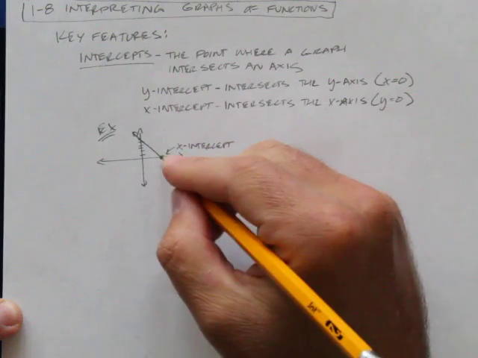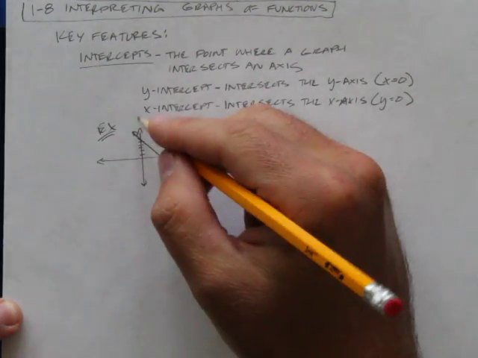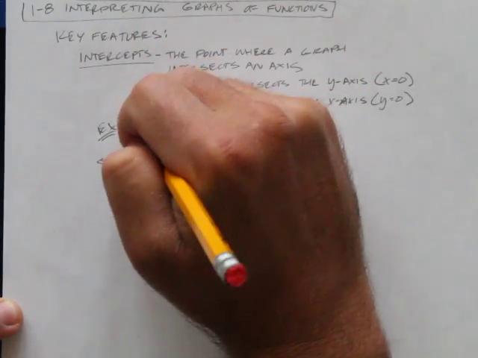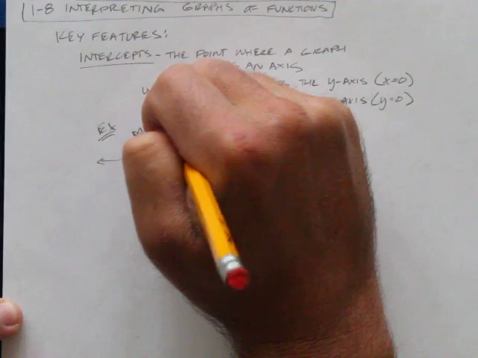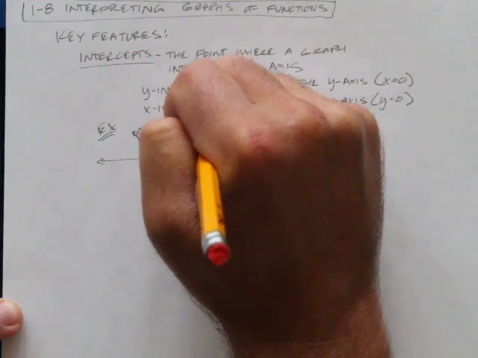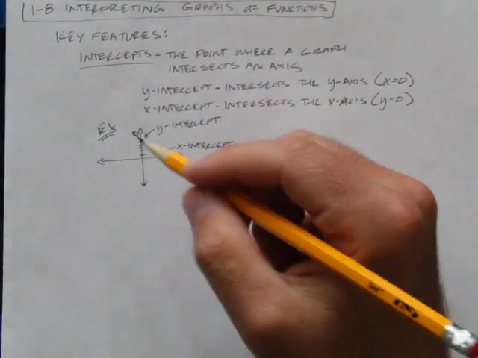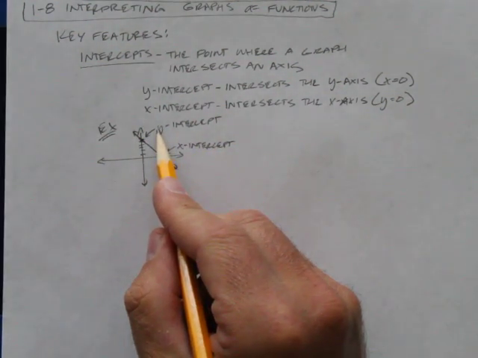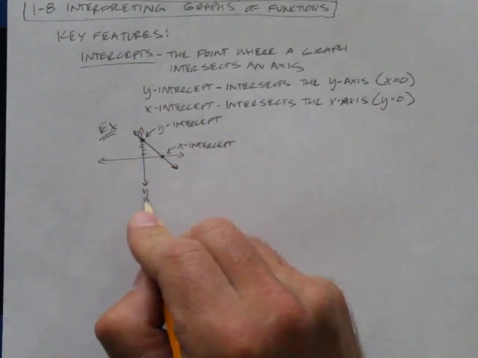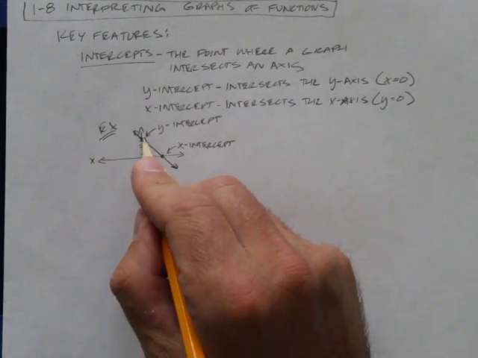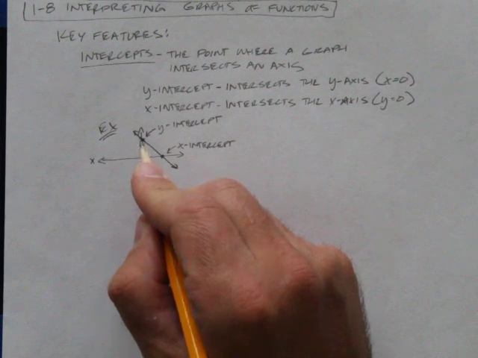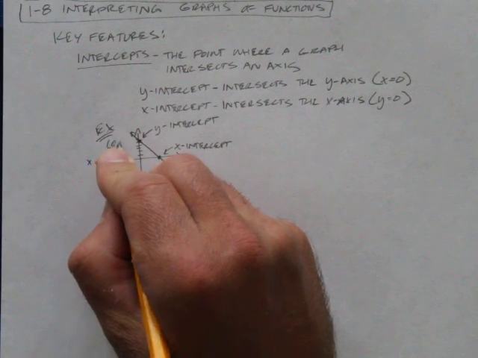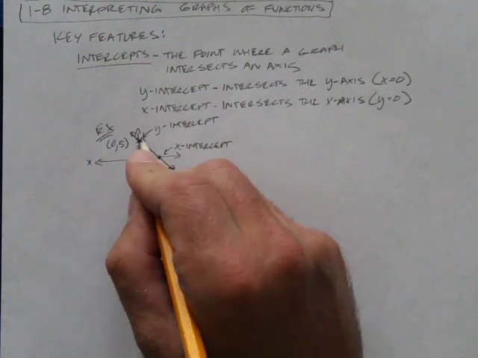That's where the line crosses the x-axis. Now here's the y-axis, and right here at 5, this is the y-intercept. So remember, this is the y-axis, this is the x-axis. Right here, this point is x is 0 and y is 5. (0, 5) is the point right there.